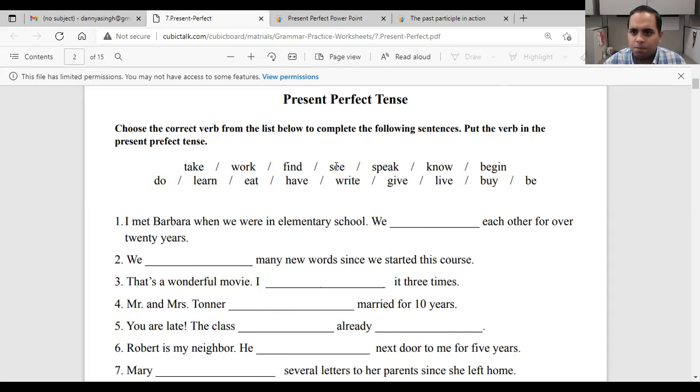The past participle of see is seen. That's a wonderful movie. I have seen it 3 times. Again, we need have plus past participle. I have seen. Seen is the past participle.